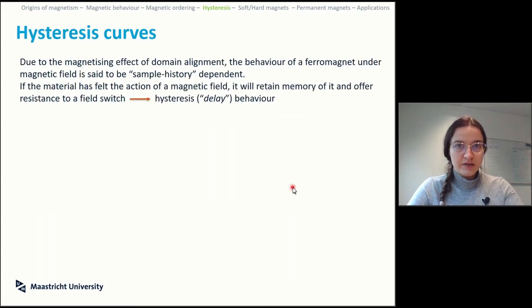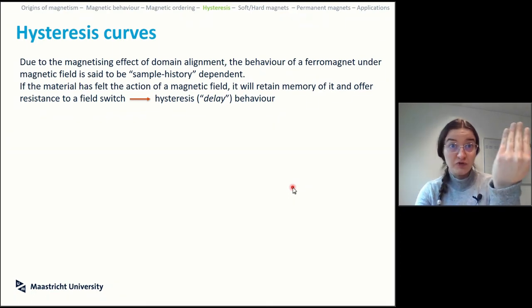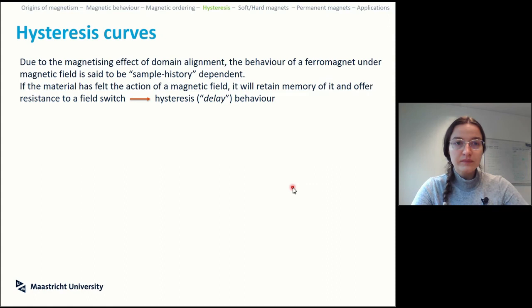This delay is called the hysteresis curve. So given the fact that you have these moments that are ordered, and you can align them with field, and you can try to switch them with field, you have a sample history. So your material has a magnetic memory in itself.